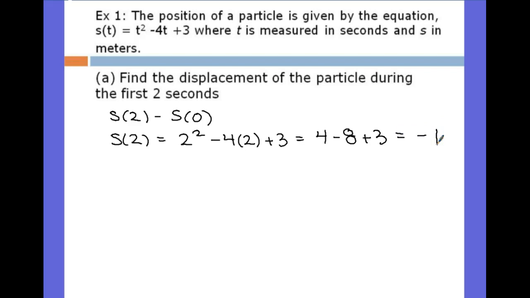So we get -1 for S of 2. S of 0 represents the starting position, so the position of the particle at 0 was 3. So the displacement is -1 minus 3, or -4.